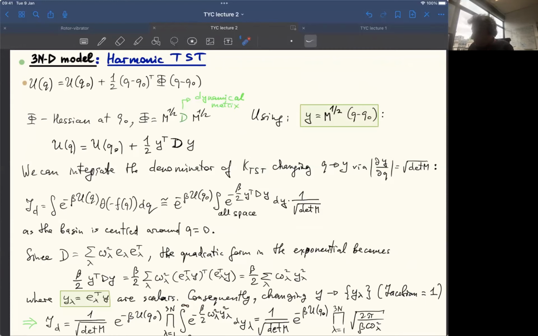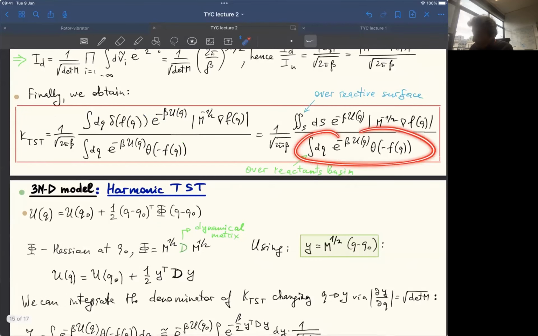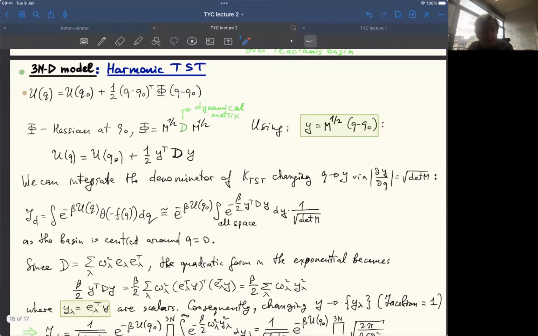And by using massless displacements, y, it can be worked out into this quadratic form, as we did several times before. And therefore, the integration in the denominator, this one here, can be performed as we did before for a multidimensional Gaussian. It can be actually integrated, and you get this result.